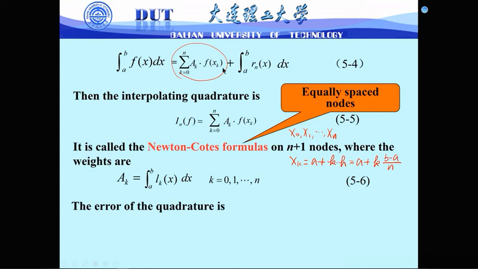And also we know the error of the quadrature is denoted by E_n(f). It is just the integral of R_n(x).